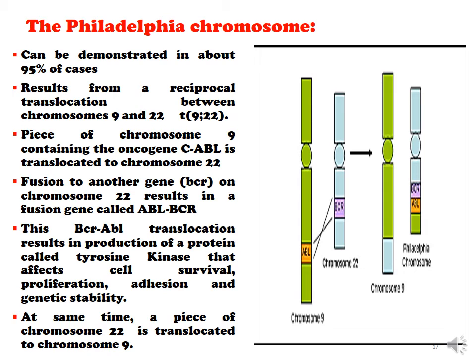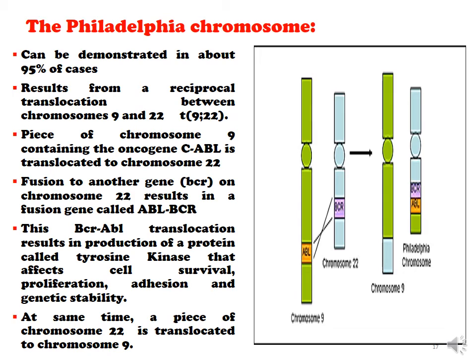So this ABL part goes to the BCR part on chromosome 22, forming what we call the BCR-ABL rearrangement. I'm sorry, this BCR-ABL rearrangement is present on chromosome 22, and this chromosome 22 is called the Philadelphia chromosome. So what is that Philadelphia chromosome? It's the abnormal chromosome 22, which carries the BCR-ABL fusion rearrangement.